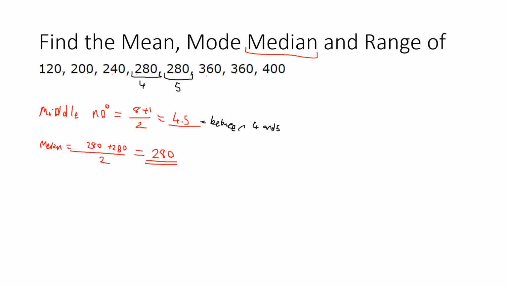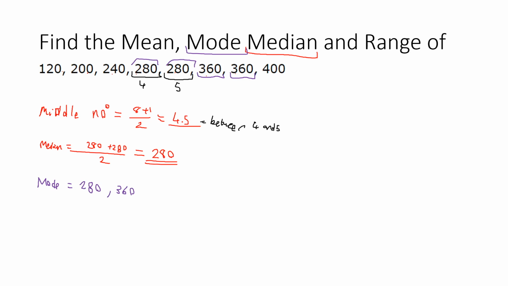The mode in this case, well, let's take a look. 280 appears twice, 360 appears twice, and everything else appears once. So the mode is just going to be 280 or 360.